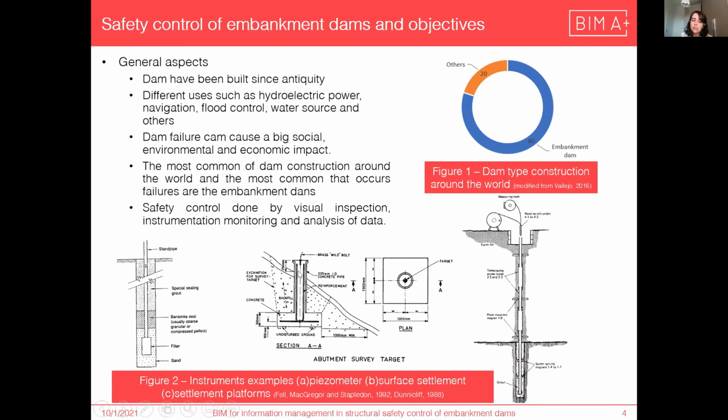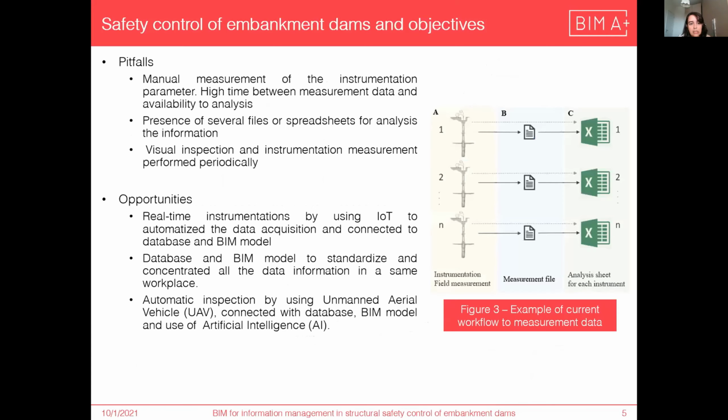The second one identifies the displacement, the superficial displacement. And we have a kind of instrumentation that measures the displacement inside the dam, along the depth.